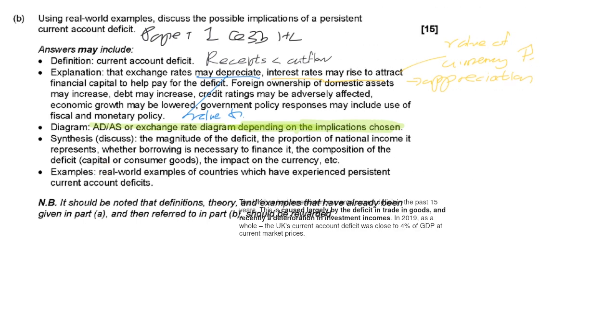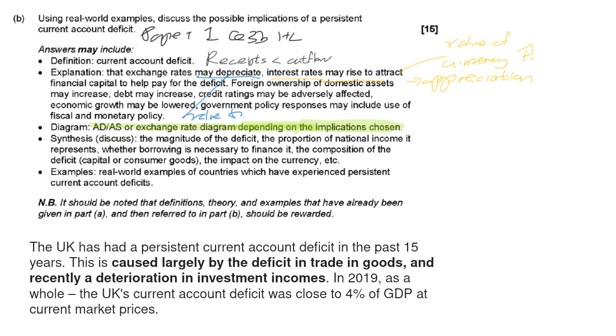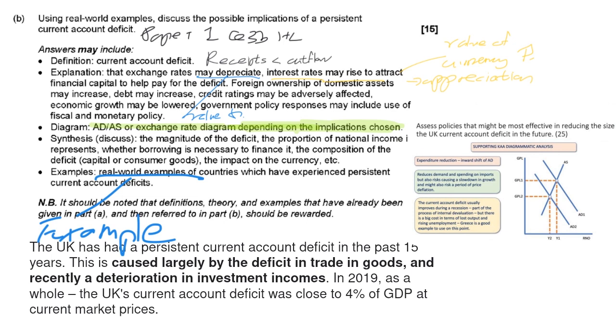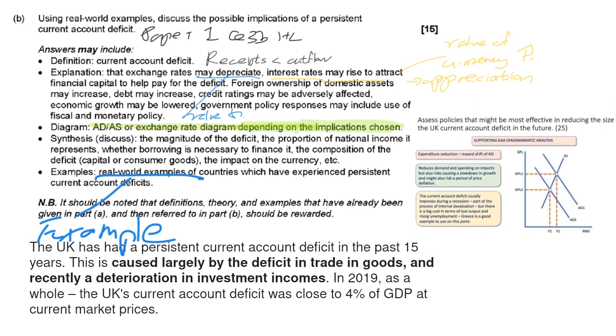I'm going to quote an example in the UK, and I would like to make use of this example to talk about the discussions. We all know the UK has persistent current account deficits. I'm going to use another example, Greece, because I think most candidates are familiar with the UK example. So another example you may give is Greece.